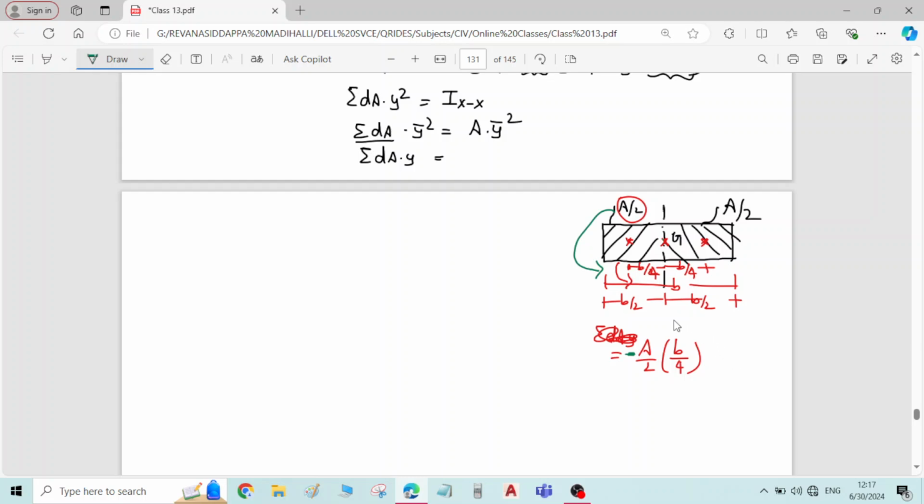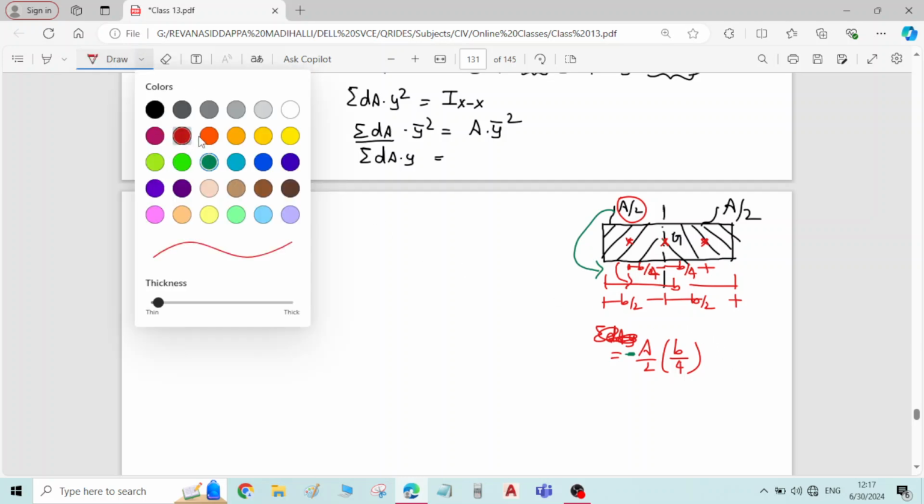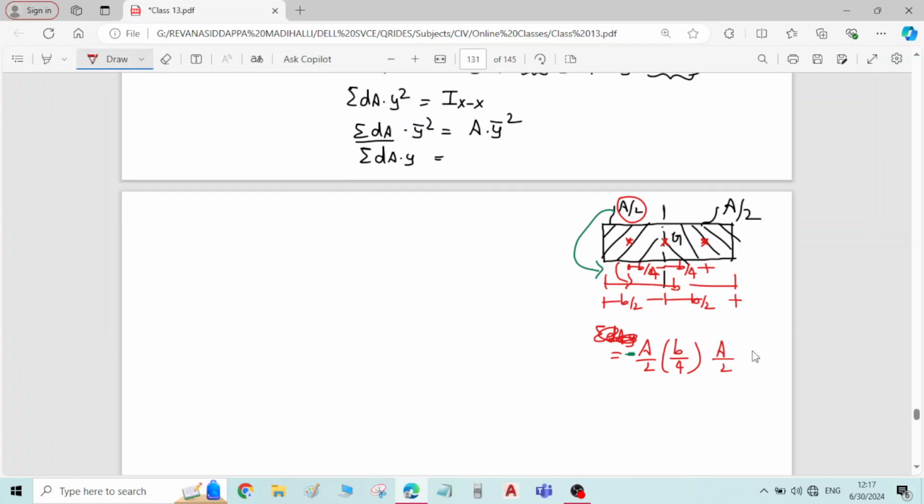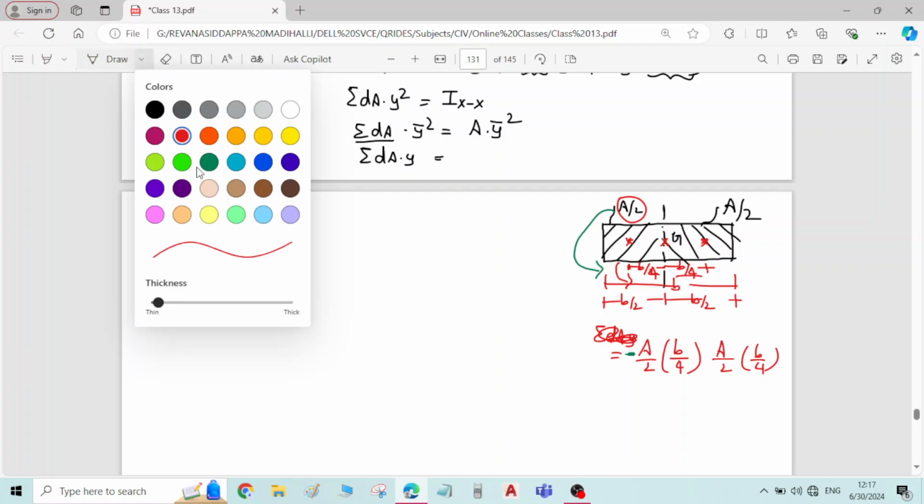Similarly, if I measure the moment of this remaining half portion of the area about the centroid, it is the same expression, A by 2 into b by 4. Coming to the sign convention, this area is tending to rotate.